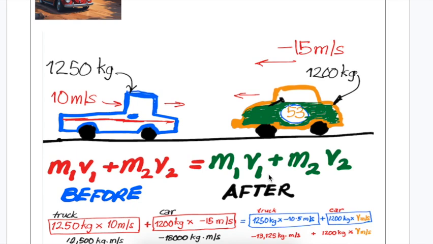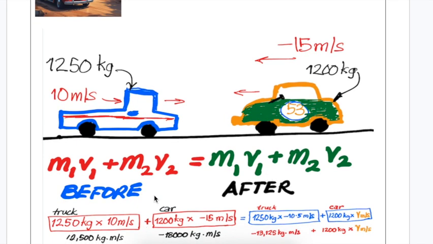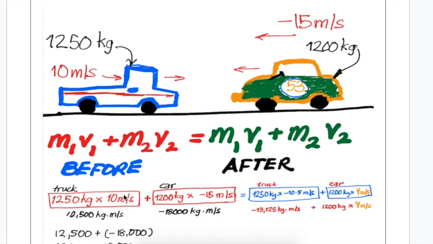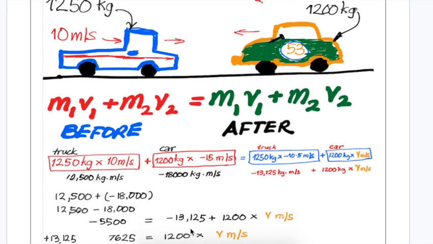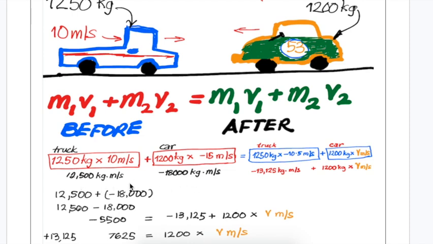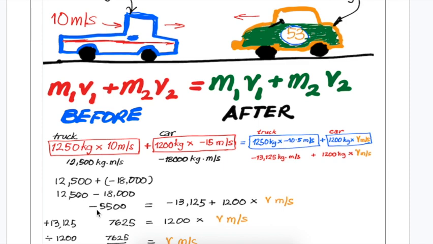We can plug all of our information about before the collision right in here. We'll get 1250 multiplied by 10 plus 1200 multiplied by minus 15, and it comes up to these two numbers, and we can add those numbers up. A positive plus a negative basically comes to this minus this, and you can plug that into your calculator. 12,500 minus 18,000 will come to minus 5500.